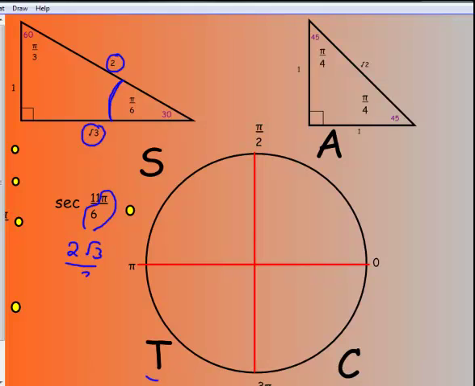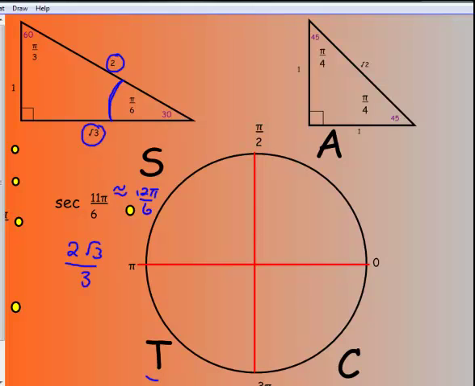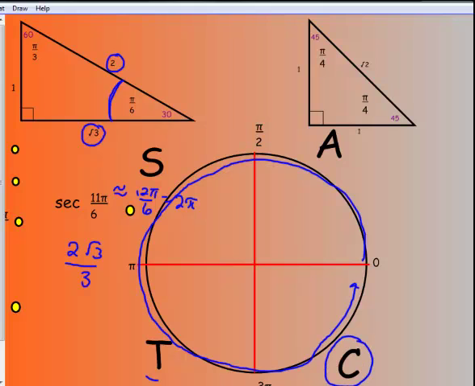Now I simply have to figure out what quadrant I'm in, and I can use the same philosophy. 11 pi over 6 is really close to 12 pi over 6, which is 2 pi. So I'm just short of a full circle, and in that quadrant cosine is positive. Since secant is the reciprocal of cosine, it's positive 2 radical 3 over 3.